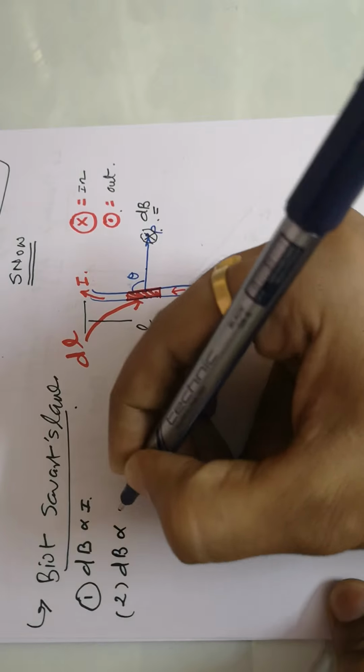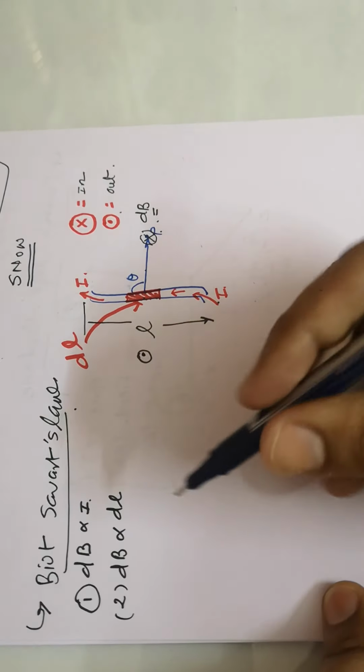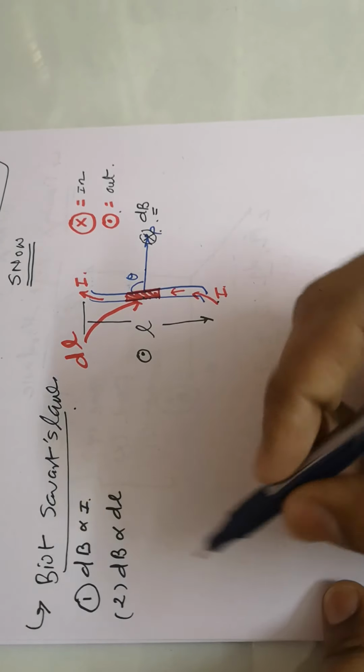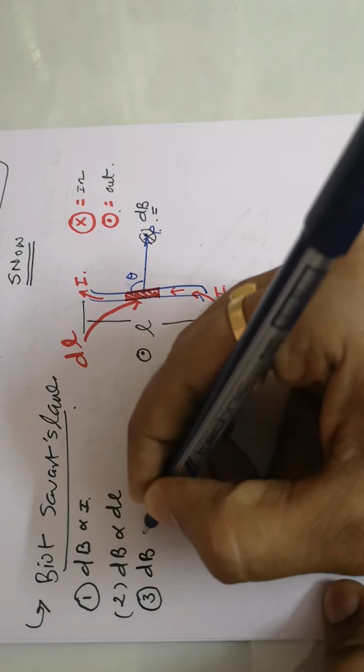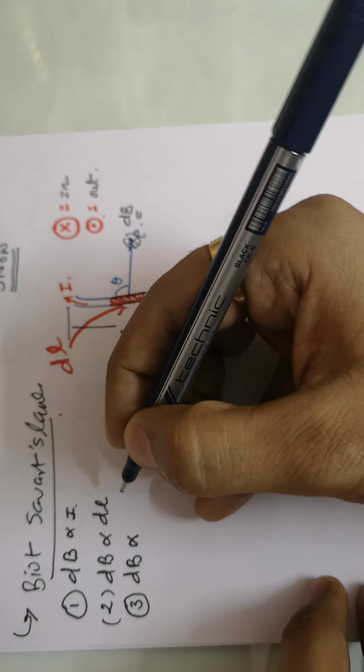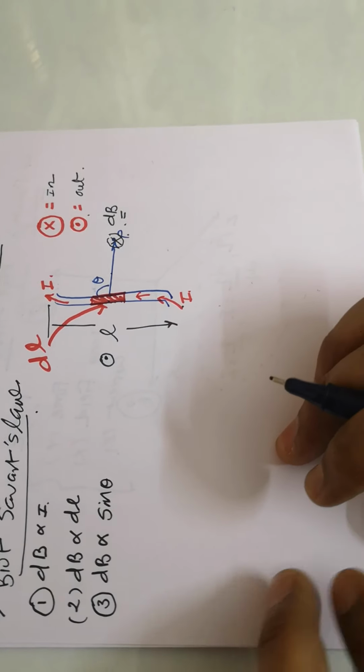It is also directly proportional to the length segment; as the length segment increases, the magnetic field increases. Third, it is directly proportional to the angle.